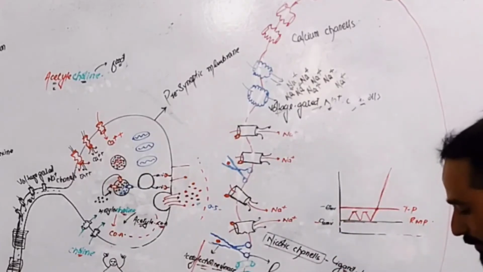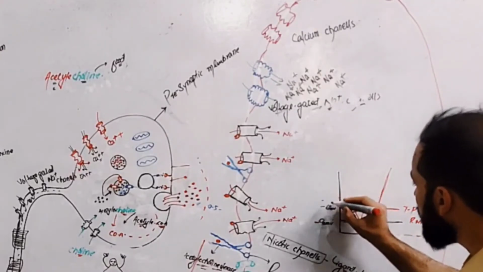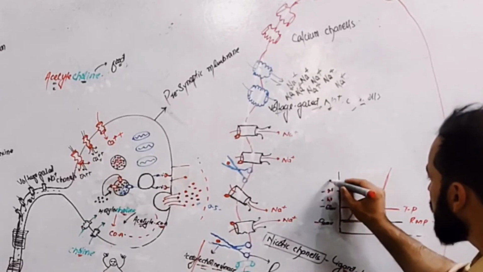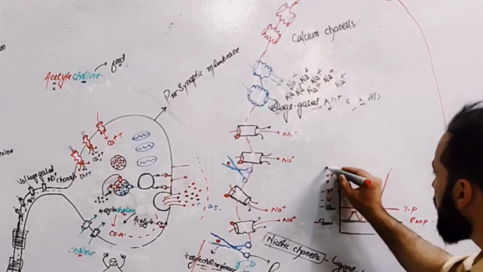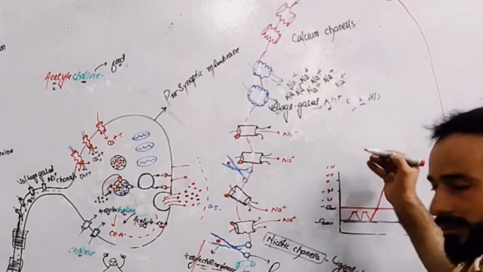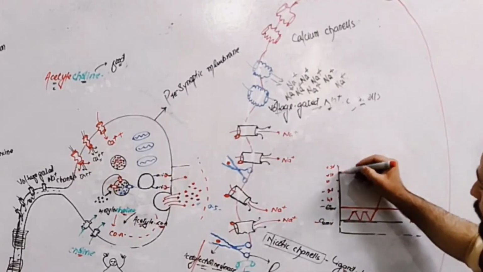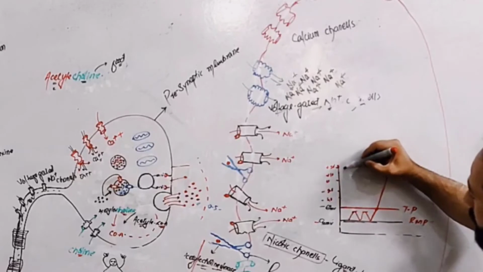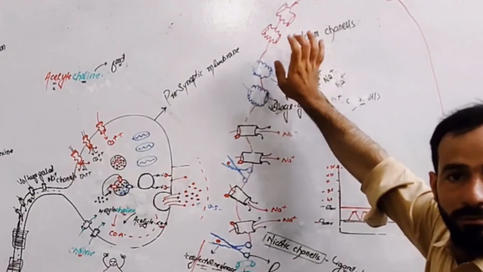So its potential, for example, will reach minus 40, minus 20, 0, plus 10, plus 30. If it touches plus 30 potential, suddenly calcium channels will open.